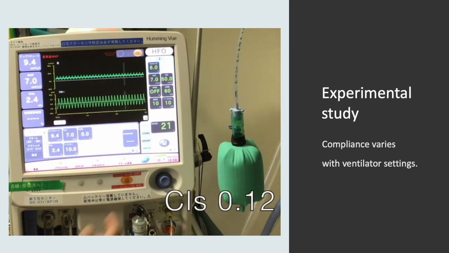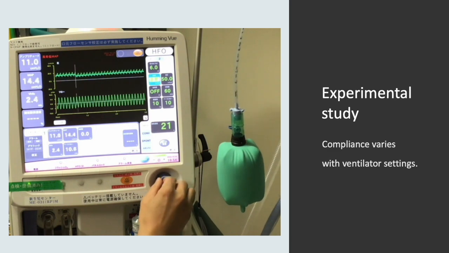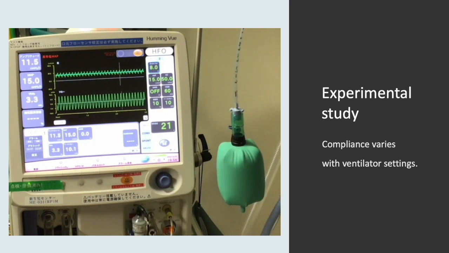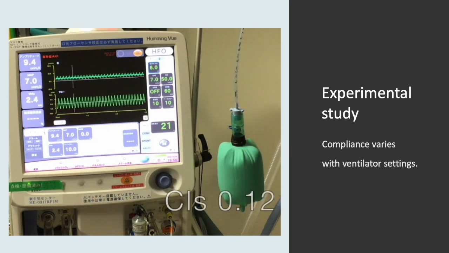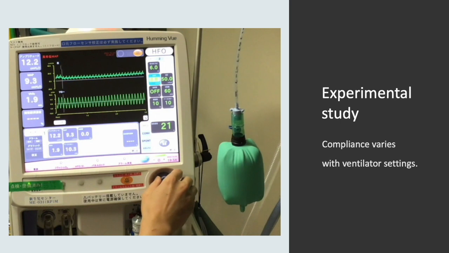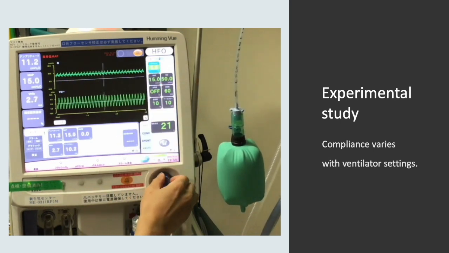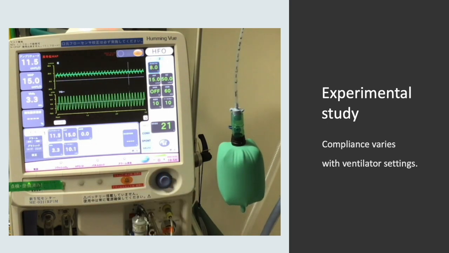Similarly, for HFO, compliance was 0.12 at low settings, but increased to 0.15 when MAP was increased. Just as a balloon tends to become more inflated when it is blown up, we have confirmed that the compliance of both CMV and HFO changes with changes in pressure.